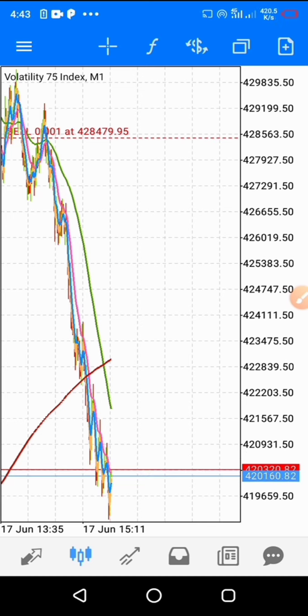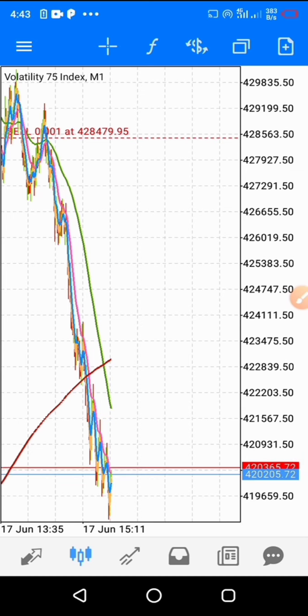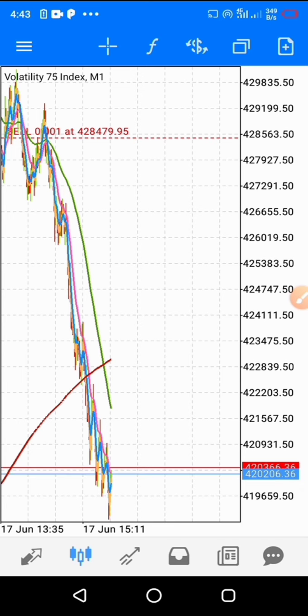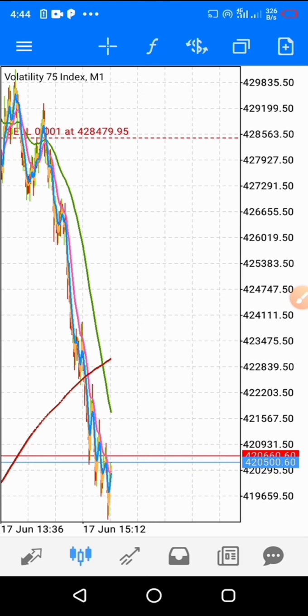Now, if you are able to have about 100 trades, let's say within a period of 30 days, and you have 65% success, you are good to go live. You may just wish to test this on your demo.